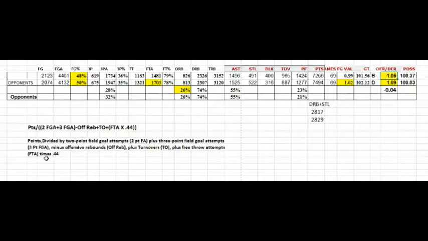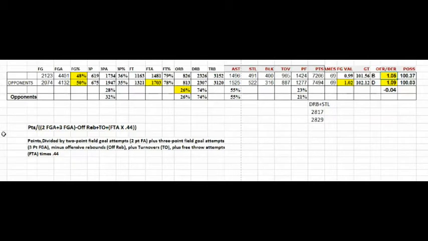But what you have to do is find, like, these field goal attempts were under E4, so it'd be E4 plus H4 minus offensive rebounds, which is M4, and so on and so on.